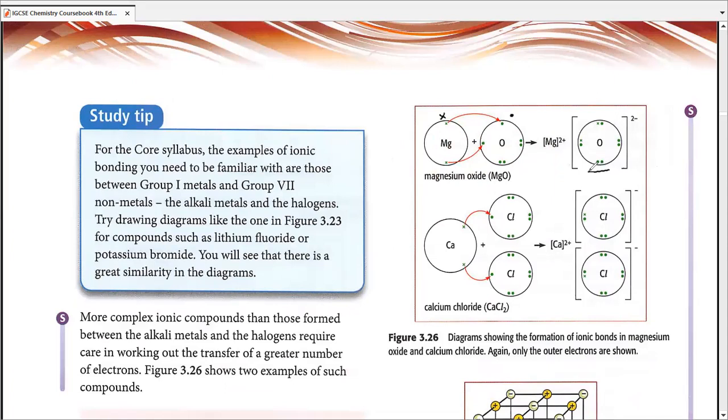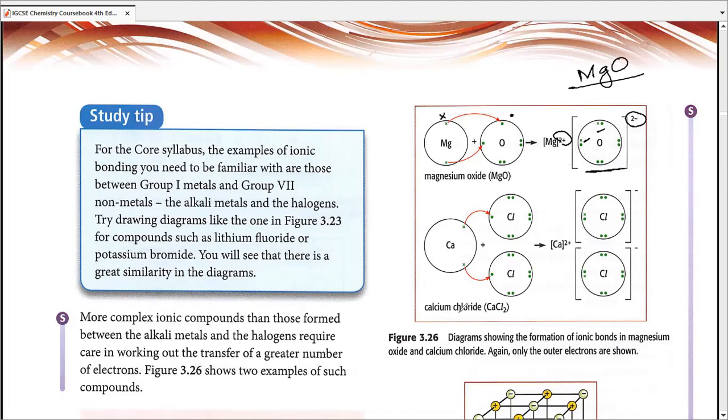And in the end, the oxide ion actually has 6 dots, its original electrons, and 2 crosses, the ones it has gained from magnesium. Hence, the 2- charge on the oxide ion and the 2+ charge on the magnesium ion. When these two combine, it forms magnesium oxide.